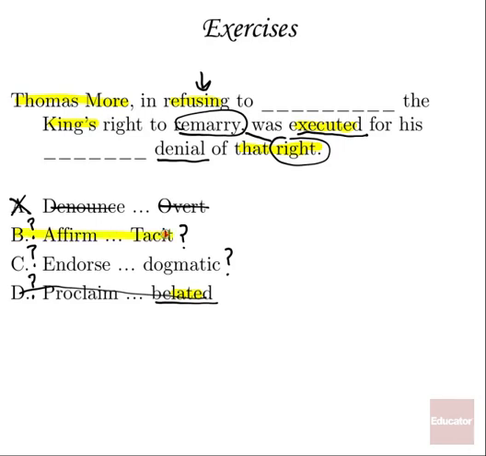It means that he was silent in his denial. He never actually said the king doesn't have the right to do this, but he never actually said yes either. This is a very, very tough question. If you run into a question like this on test day, don't get stuck on it. Find an easier one first. Go back to this kind of question later.